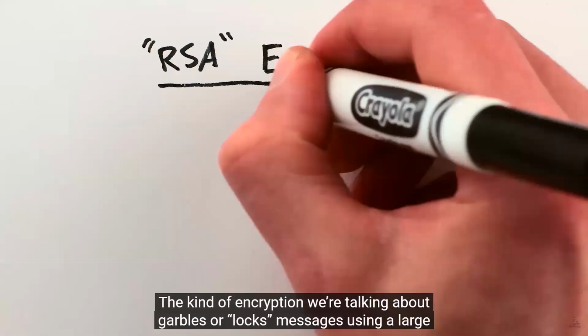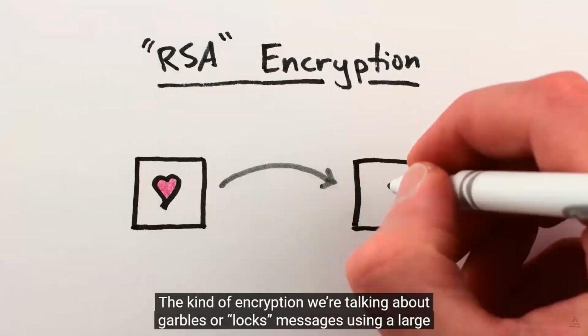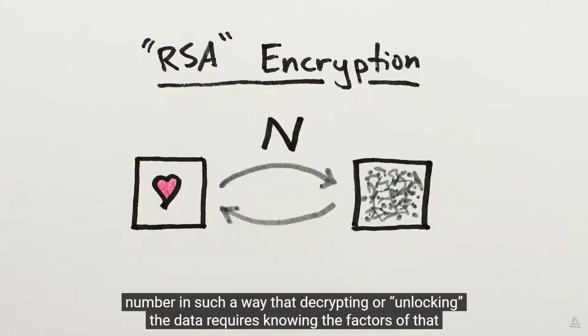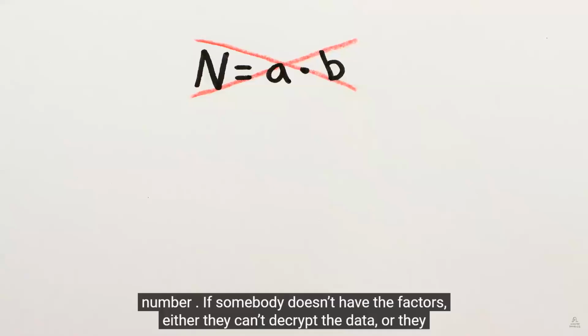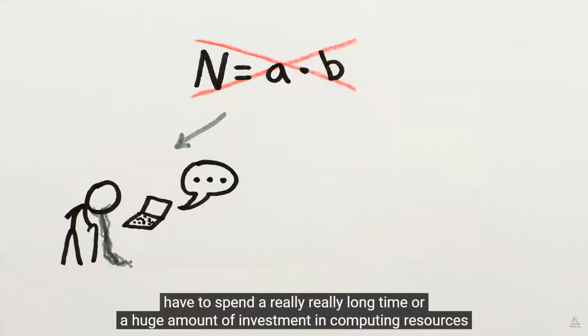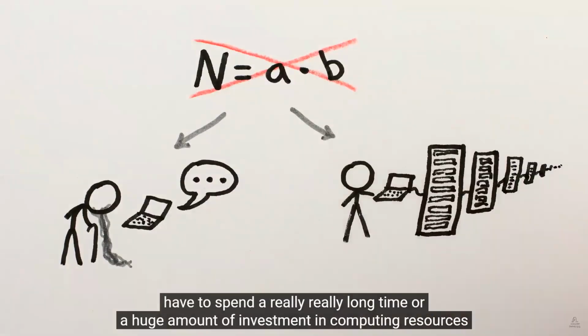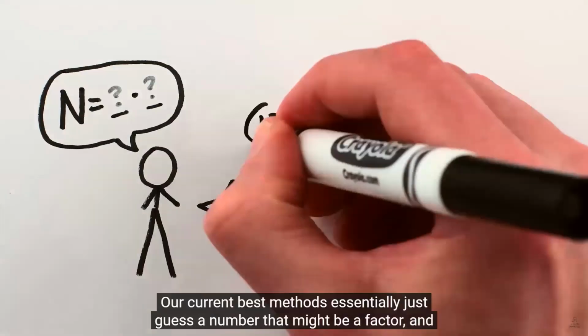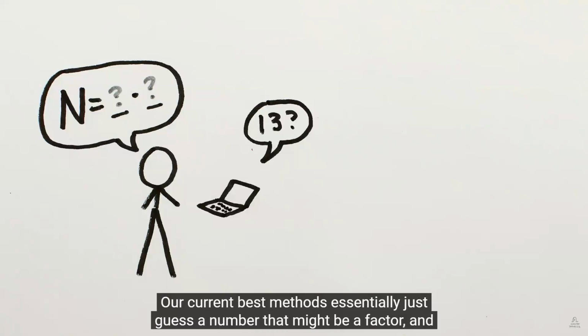The kind of encryption we're talking about garbles or locks messages using a large number in such a way that decrypting or unlocking the data requires knowing the factors of that number. If somebody doesn't have the factors, either they can't decrypt the data, or they have to spend a really long time or a huge amount of investment in computing resources finding the factors. Our current best methods essentially just guess a number that might be a factor and check if it is.